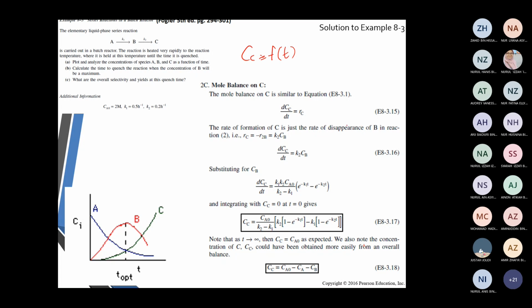Okay, so daripada situ we have dCC over dt equals to RC. Okay, sekarang ni adalah berkaitan dengan C lah. So sekarang ni adalah B kepada C. Tapi kita tengok RC is equals to negative R2B.